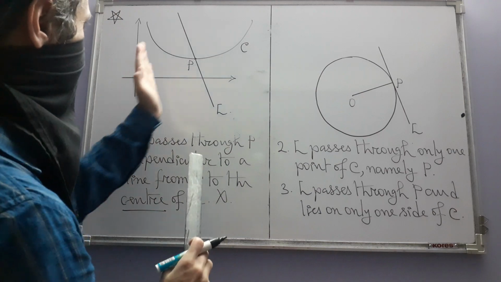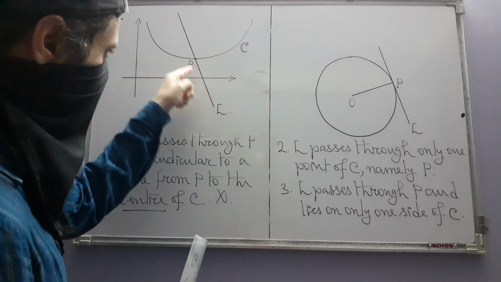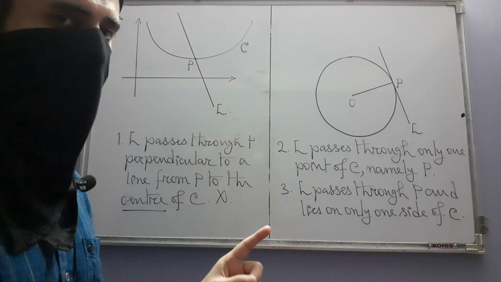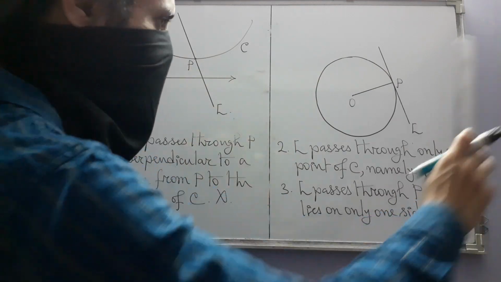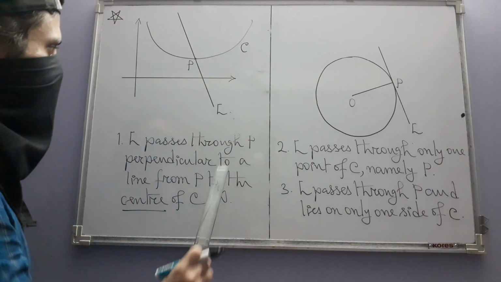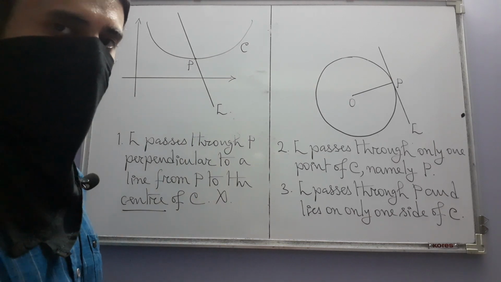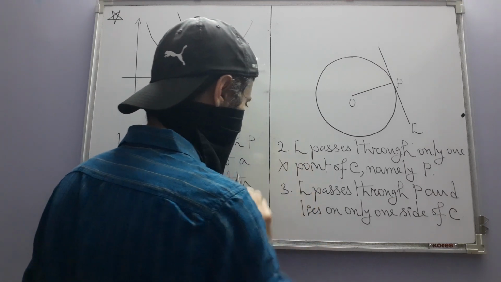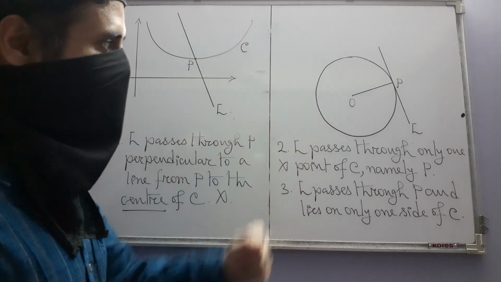So if we are drawing the line carefully, this is the only point where the line L is going to cross C, only once, not more than once. Because those parts are going further and further away. But will you call this L a tangent to C at P? Of course not.